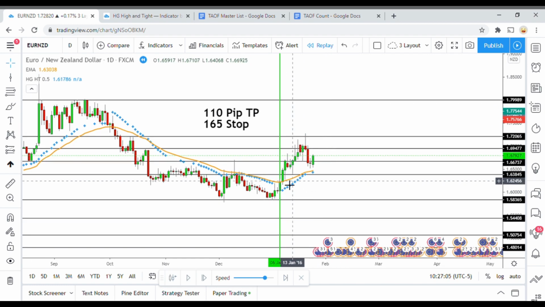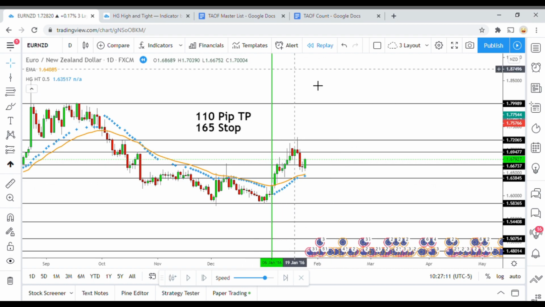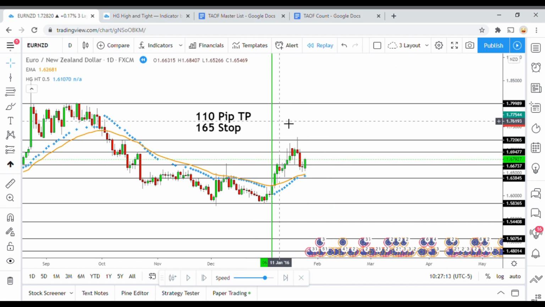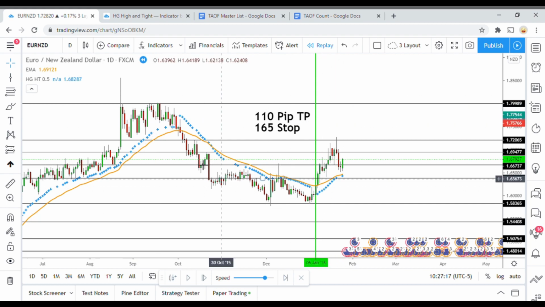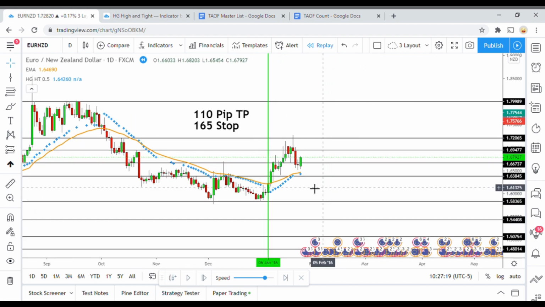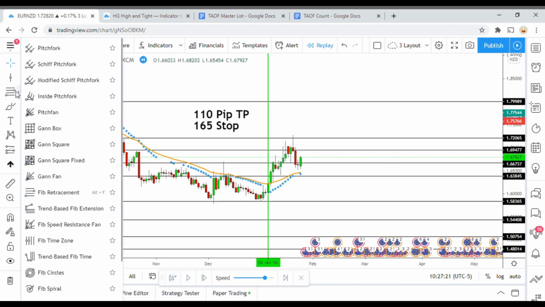Think of a Fibonacci extension just as the name implies. It extends the Fibonacci levels either above or below price action, based off of the historical price action at that point.